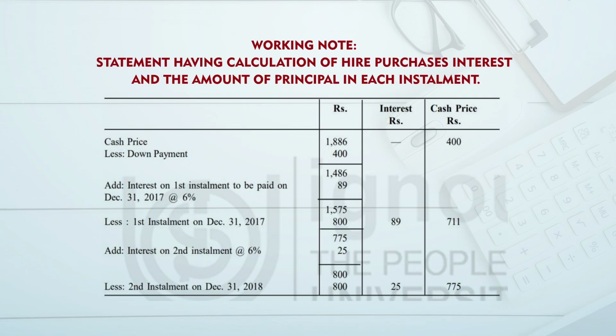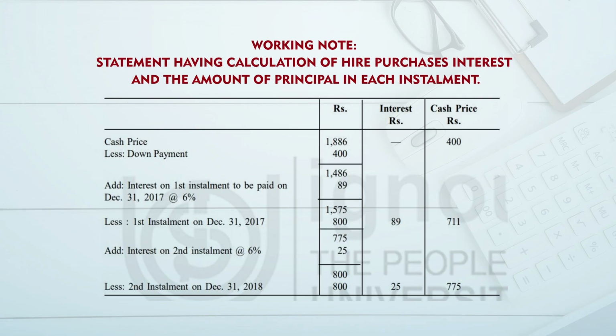Add interest on the first installment to be paid on 31st December 2017 at the rate of 6%. If we calculate this amount, it comes to 89 rupees. Then the total is 1575. Less the first installment due at the end of the first year, 800 rupees.